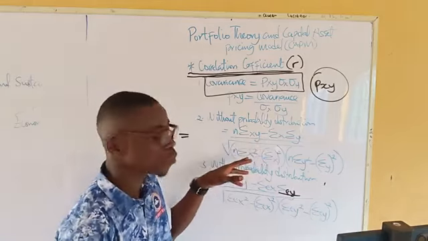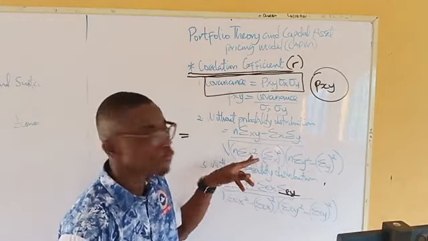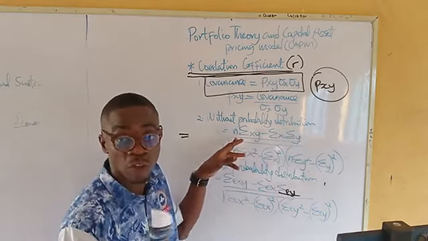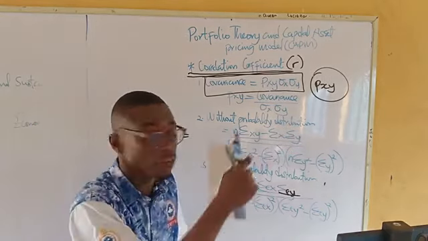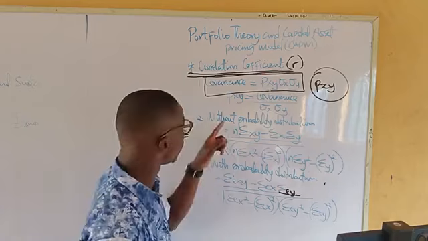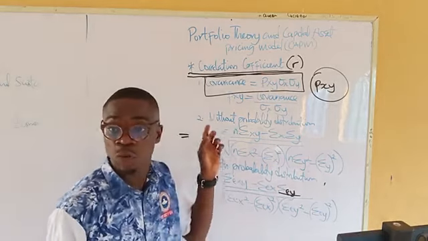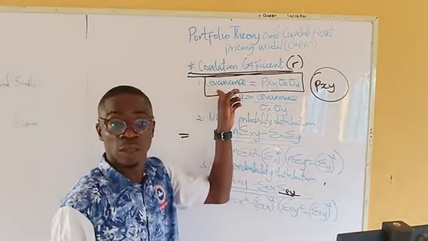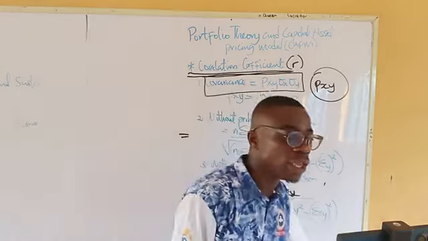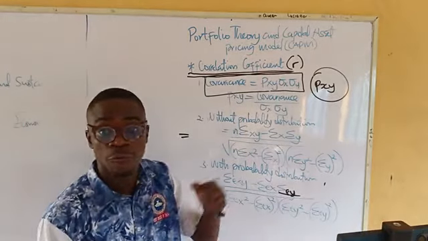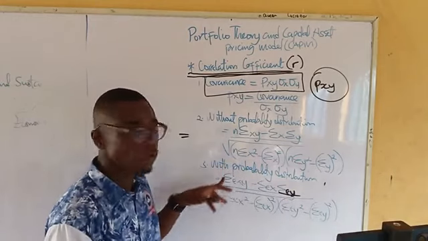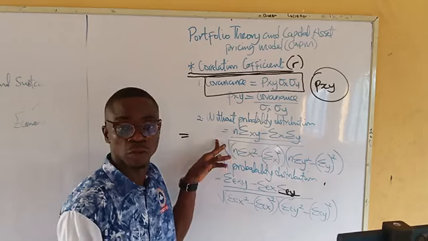So if you are given a series of data, it is these two formulas that will determine which one you use. That means this one is not appropriate. So the question will be: am I given a probability distribution for this data? If you are given, you will use this. If you are not given, you are going to use this.